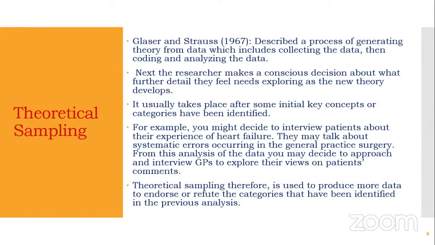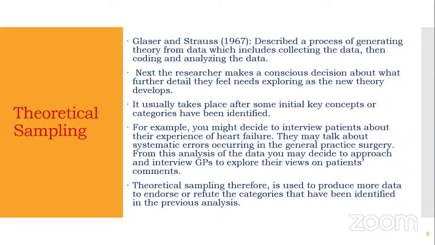So that's why a lot of experience of the researcher is required here. When you are collecting data as a researcher, you have to make a decision about what more you need to explore to develop a particular theory.